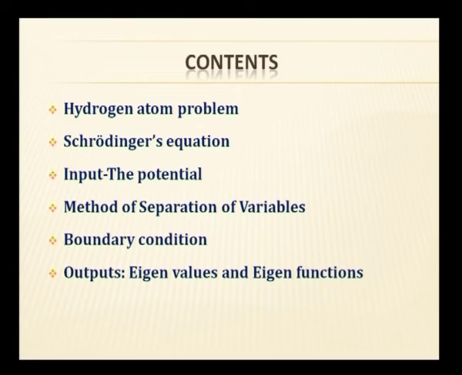We have been seeing a course of lectures on quantum mechanics, and in this lecture we will have the contents as follows: hydrogen atom problem, Schrodinger's equation, input the potential, method of separation of variables, boundary condition, outputs, eigenvalues and eigenfunctions.